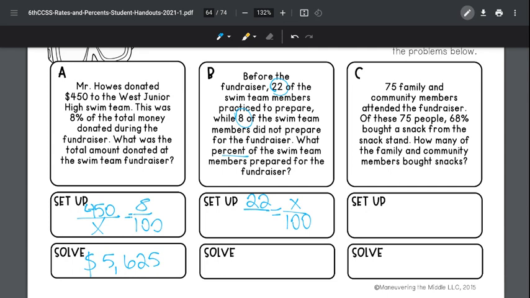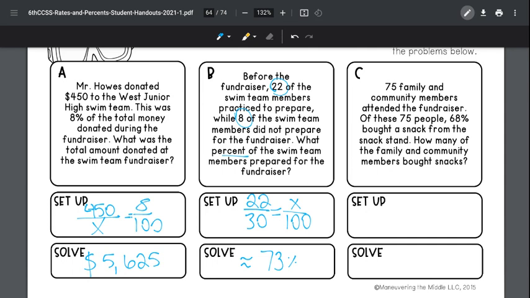Wrong. 22 members prepared, 8 did not. Well, the people that did, plus the people that did not, make up our whole team. So 22 plus 8 means that there were 30 kids on the team, and 22 of them prepared. So cross multiply and divide to figure out what percent of the team prepared, and it's 73.3 repeating percent. So that's just about 73% of the team prepared.